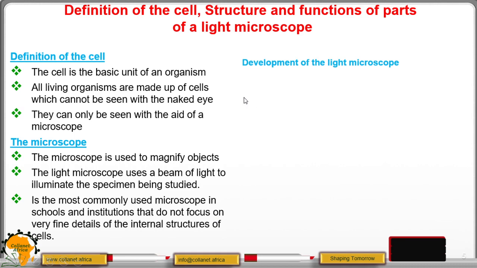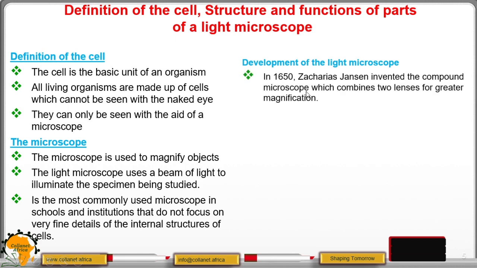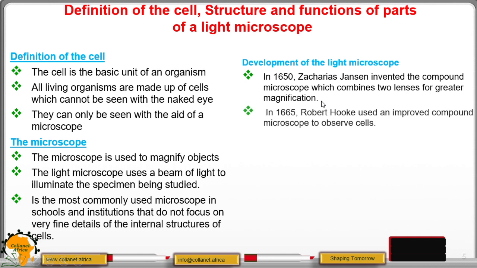So let us look at the history of the development of the light microscope. In the year 1650, a man by the name Zacharias Janssen invented the compound microscope, which combines two lenses for greater magnification.